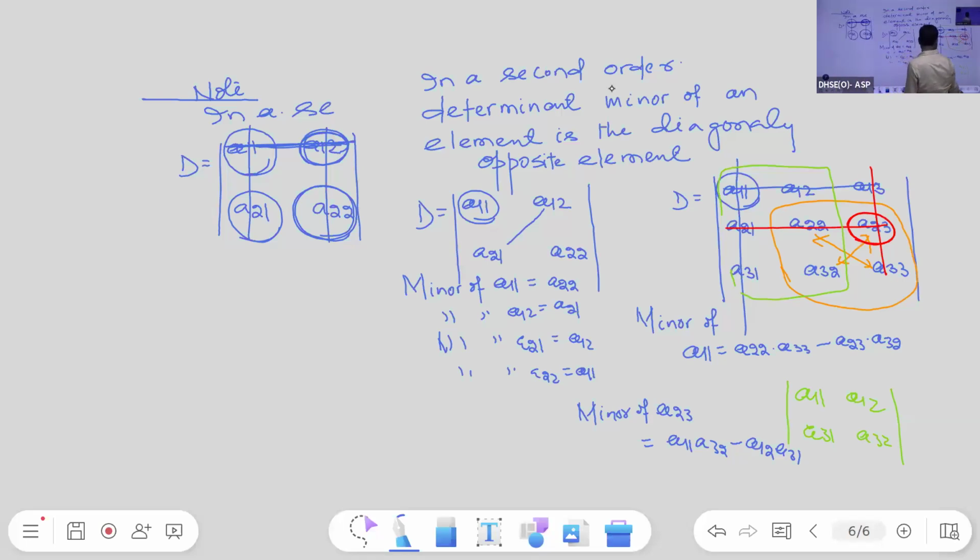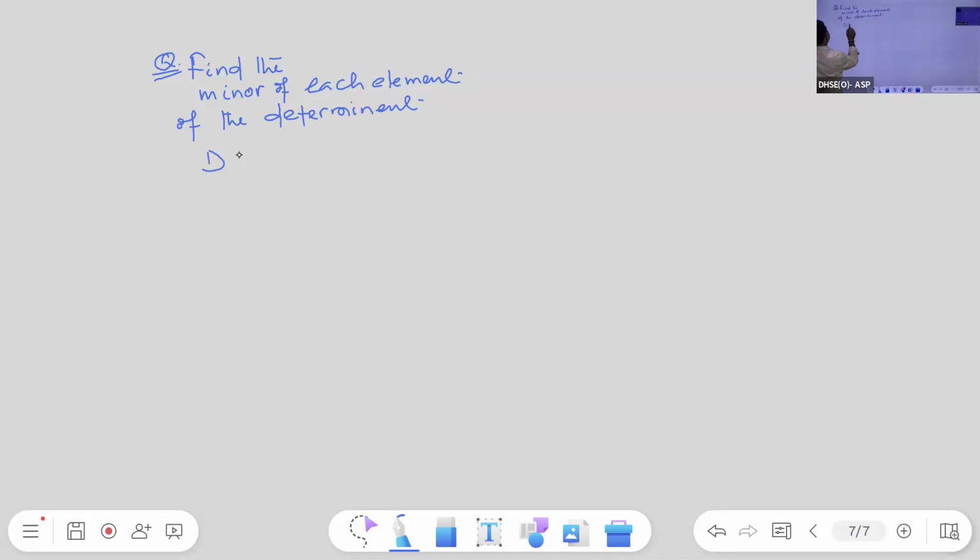So write down a question. Find the minor of each element of the determinant D equals 2, -1, 3, 4, 1, -2, -3, 5, 6.